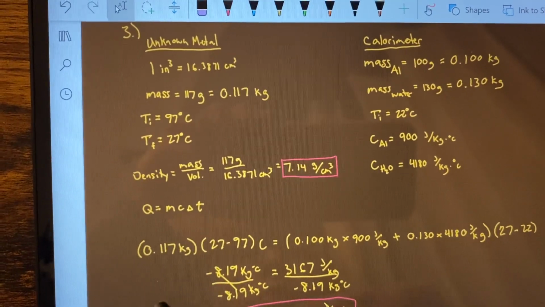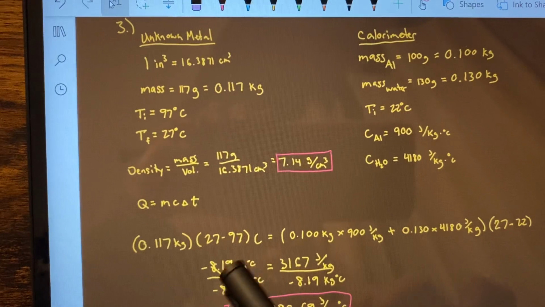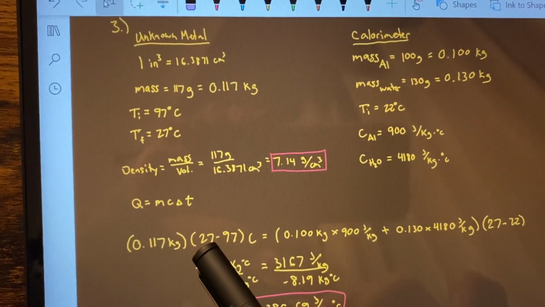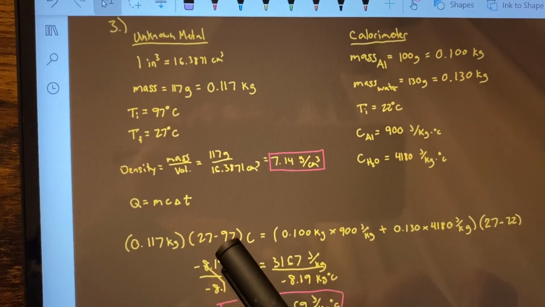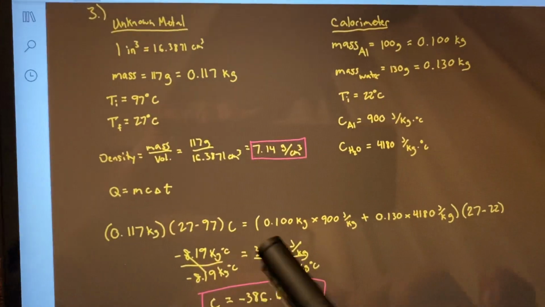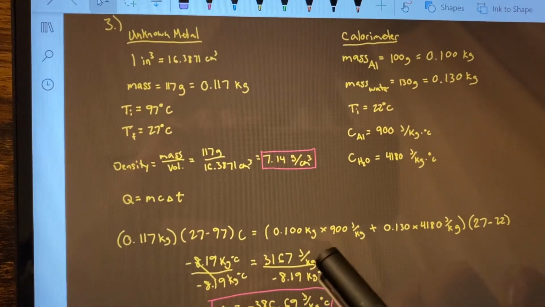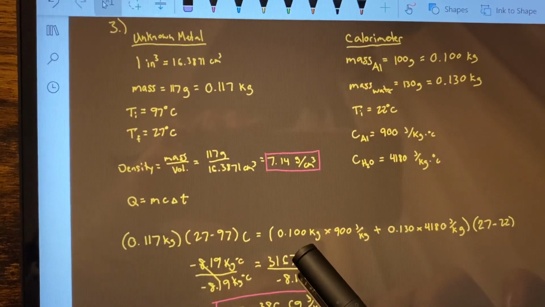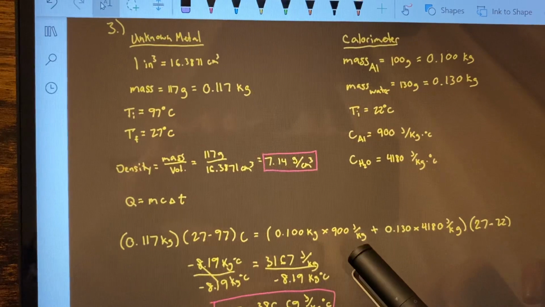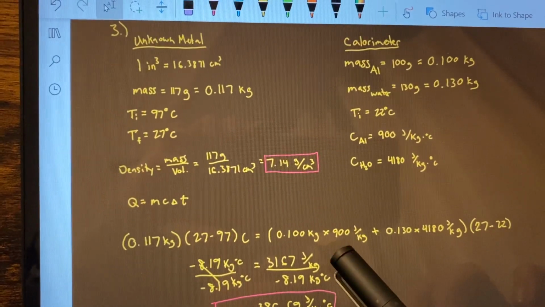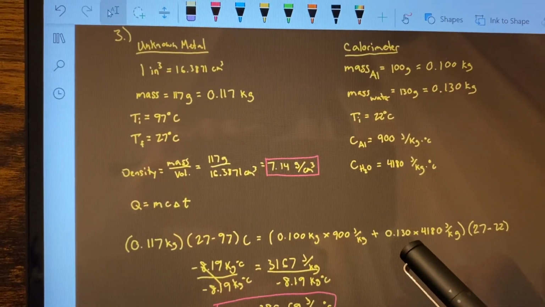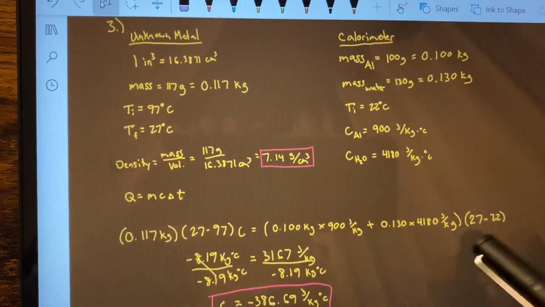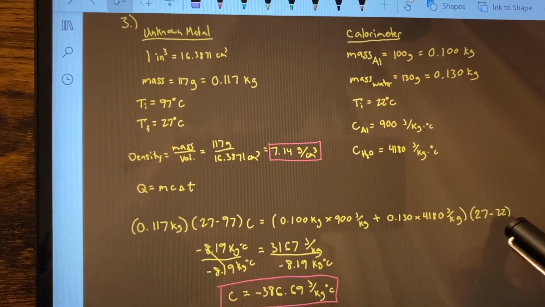So kilograms times the change in temperature, temperature final minus temperature initial, times the specific heat that we're looking for. And then on the other side, we take the mass of the aluminum times its specific heat plus the mass of the water times its specific heat. Calculate that and then multiply it by the change in temperature.